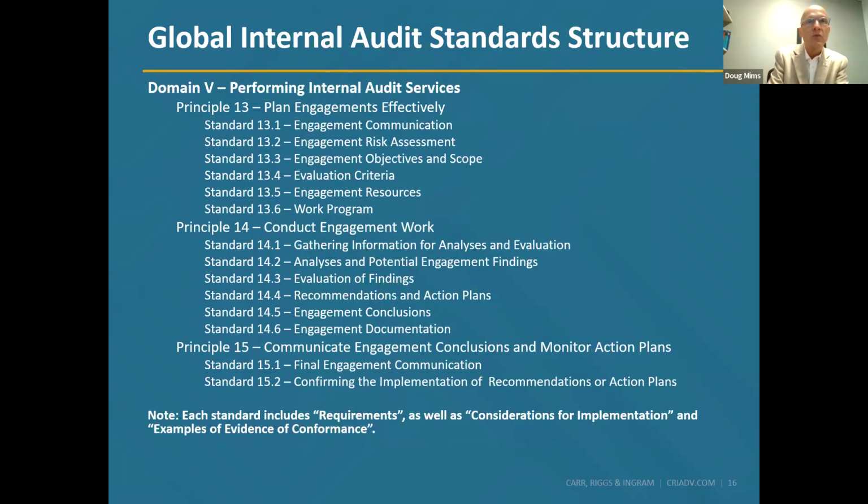And then lastly, actually performing internal audit services, which talks about specific engagement planning, communication, risk assessment, work programs, the things that you would expect it to cover, and also actually conducting field work and those types of things, as well as reporting and then monitoring and testing remediation. So really from cradle to grave, if you will, on performing internal audit services. And then I again make a mention about requirements in terms of the musts and the other things.